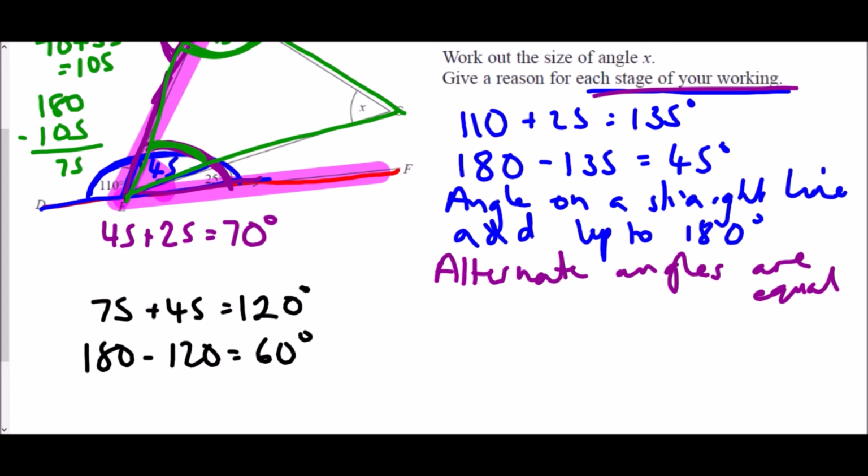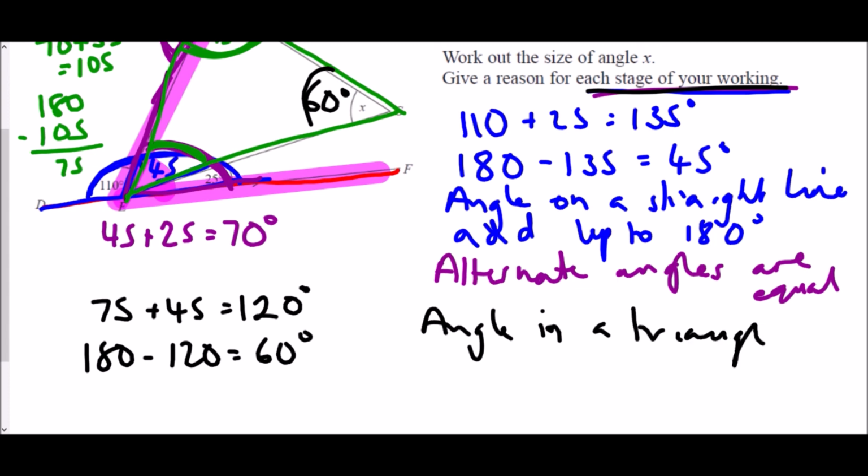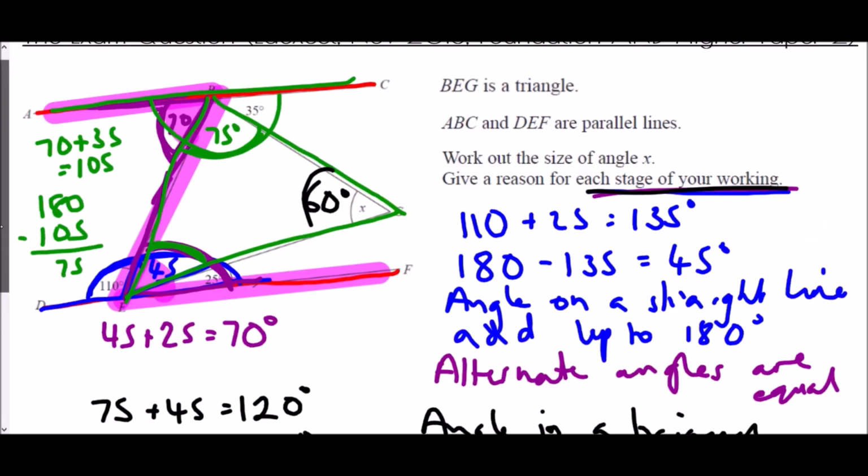And therefore, the last little element, 60 degrees is the correct answer, but we also need a reason, and that reason is that angles in a triangle add up to 180 degrees. And so we have found the value of x.